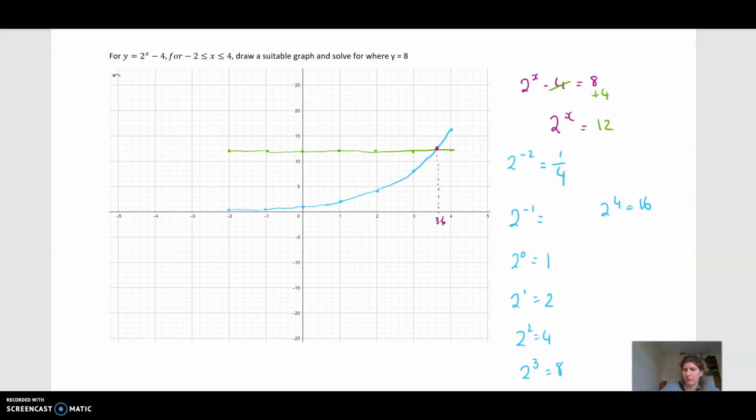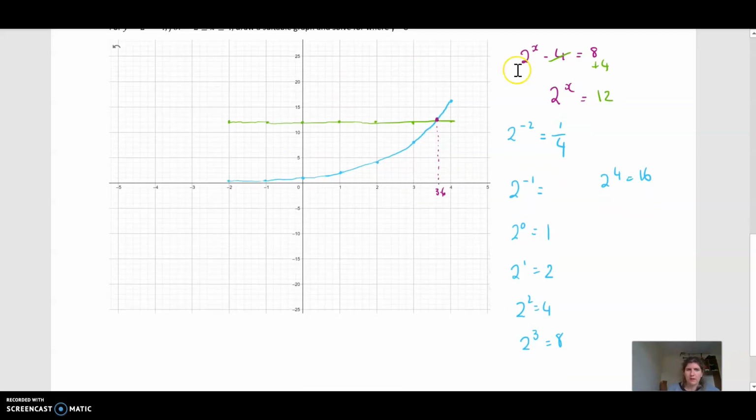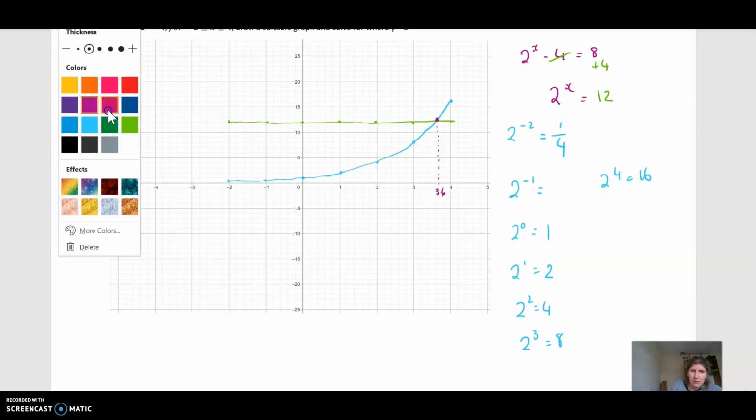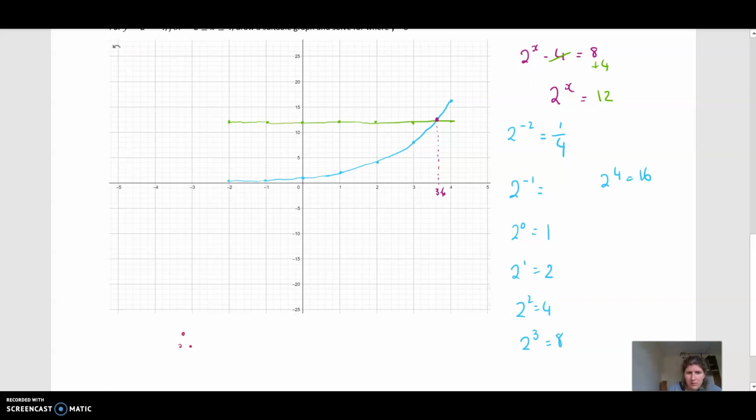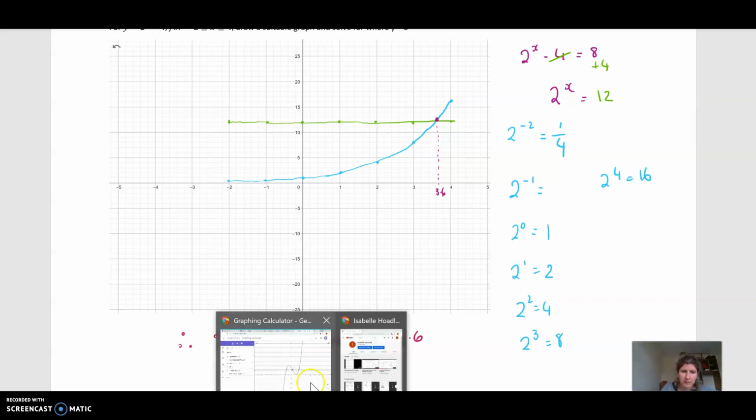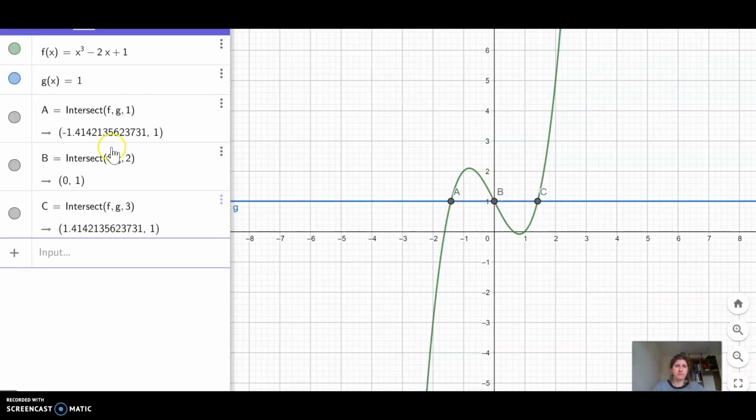Just going to bring my screen down. So I would say then, therefore, 2 to the power of x minus 4 is equal to 8 when x equals 3.6. And again, I can check that on GeoGebra if I want to.